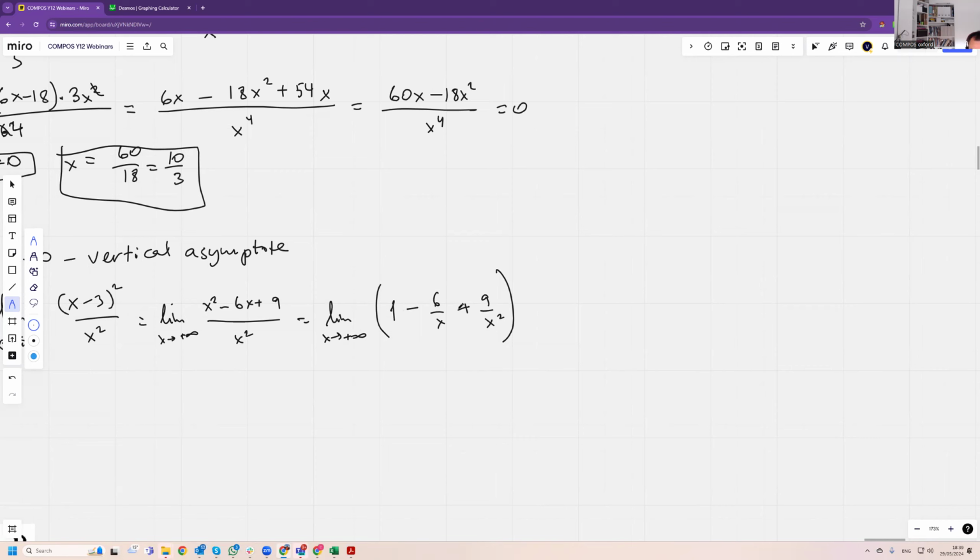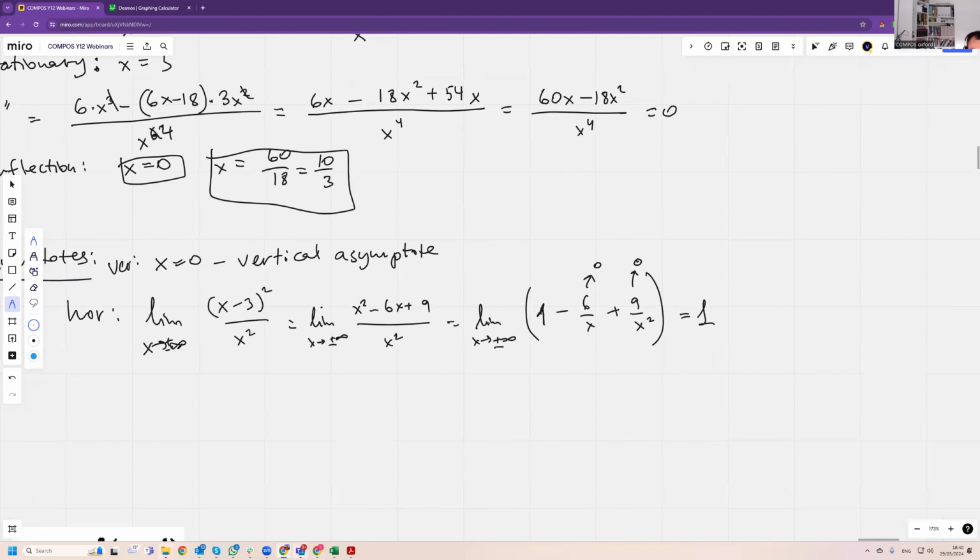As x tends to infinity, 6 divided by infinity is 0, and 9 divided by infinity is 0. So we're left with 1. The limit is 1. And interestingly, for minus infinity it's also the same, so you can just put plus or minus here.